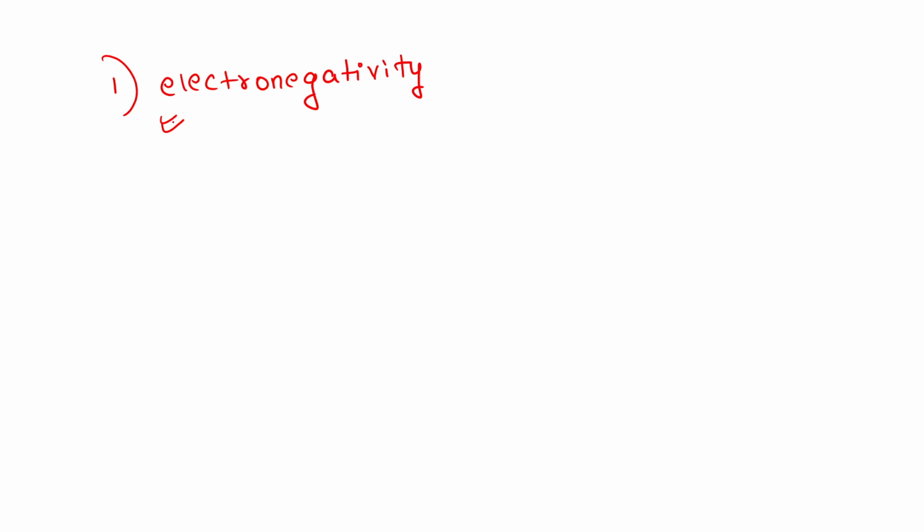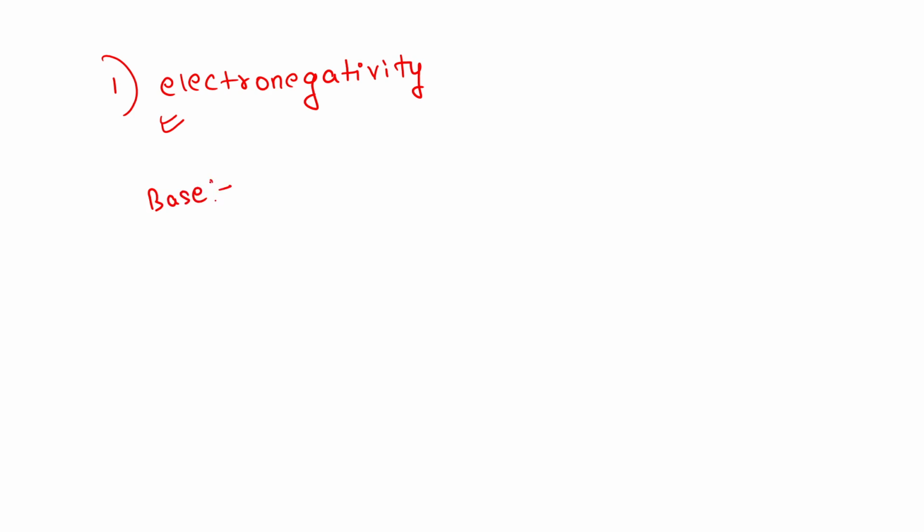If an atom is electronegative, then it will not be able to share its electrons. We already know that a good Lewis base is any molecule which can donate electrons very easily.